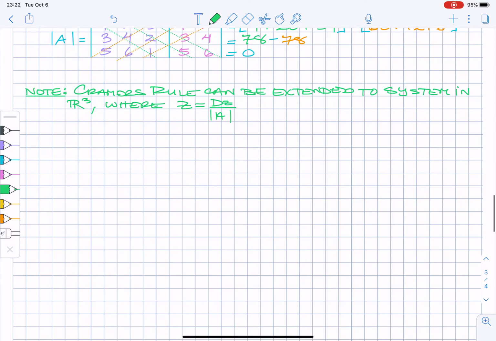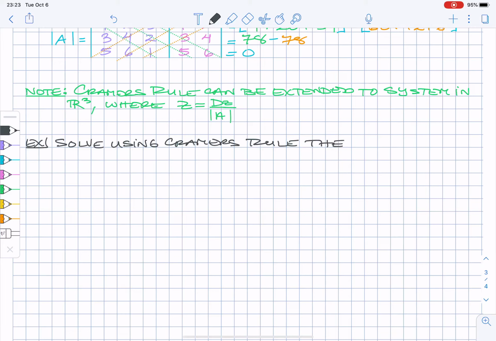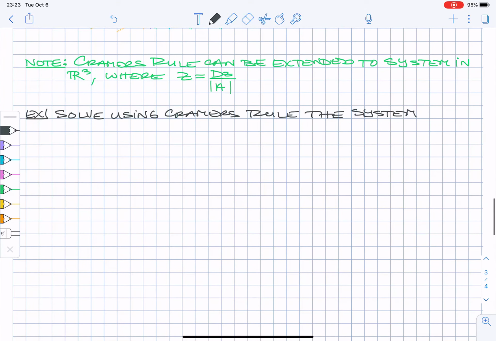So for example, let's solve using Cramer's rule the system, let's do x minus 2y plus z is equal to 0.